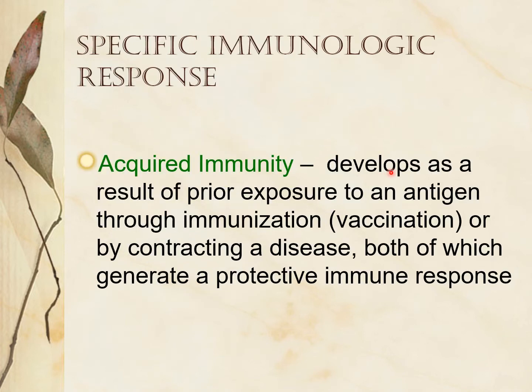Another type of our immune system, also known as a specific immunologic response, is the acquired immunity. This usually develops as a result of prior exposure to an antigen or through immunization, like vaccination, or by contracting a disease, both of which generate a protective immune response.